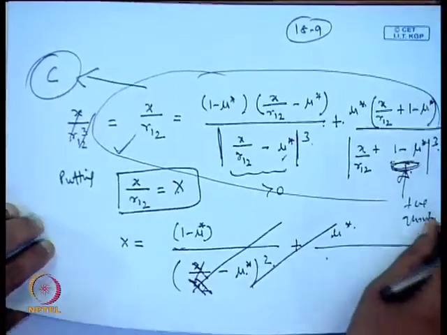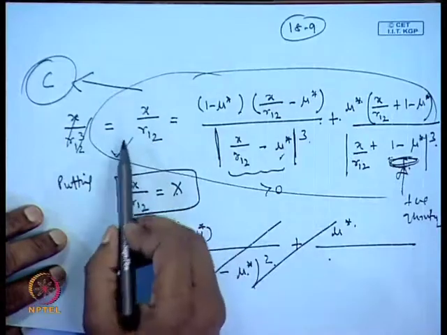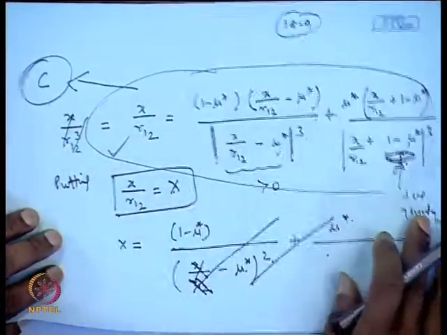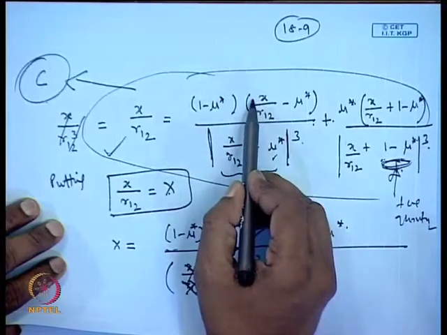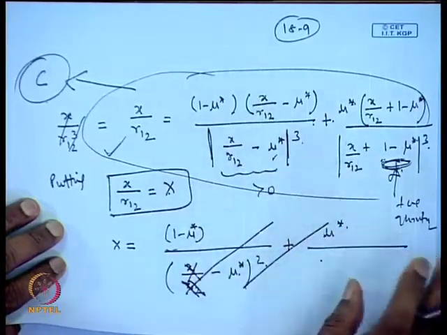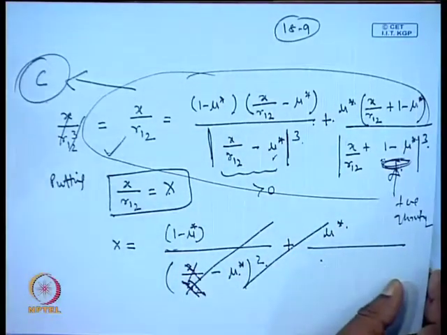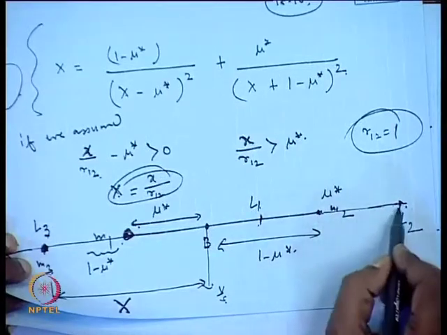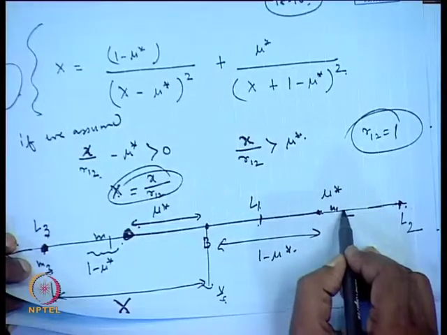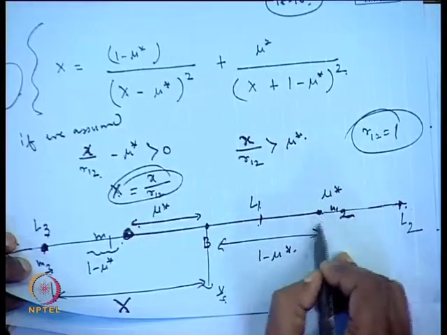Now, going back to equation number C, if we replace x by minus x everywhere, we get the new condition, that is, the point lying over the right of the point M 2. This is the point M 2.